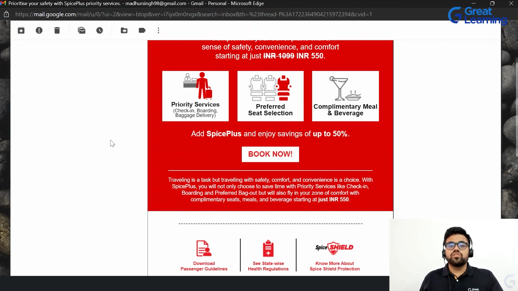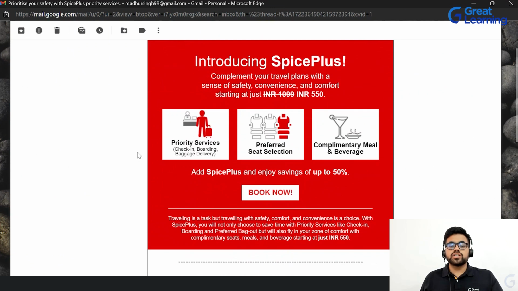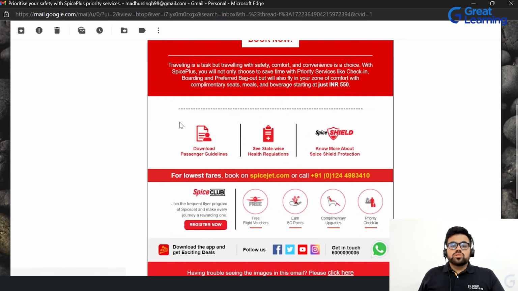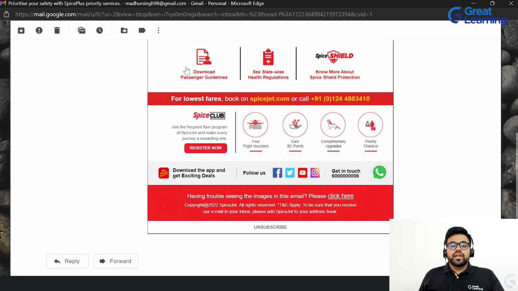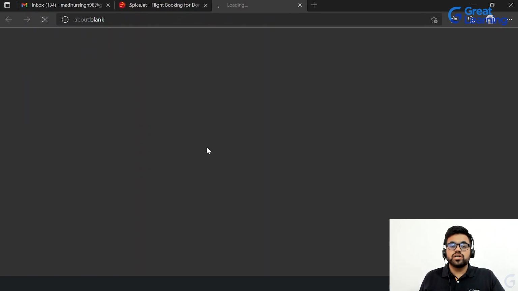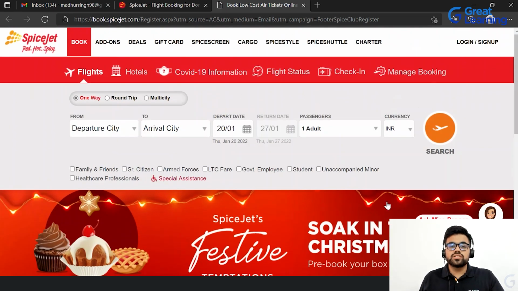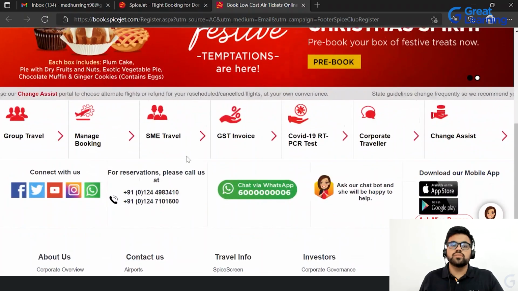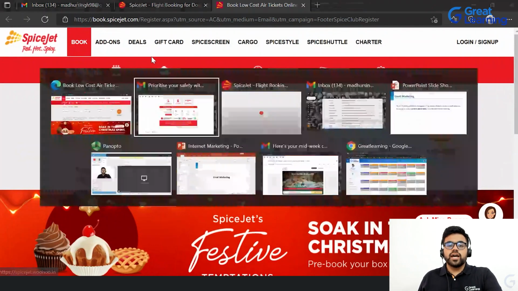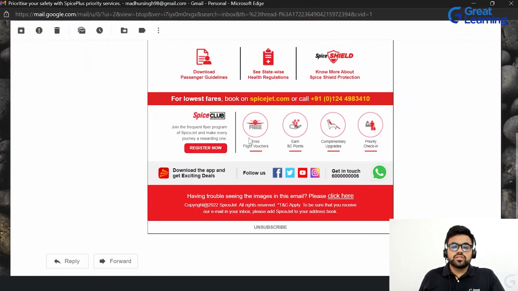This is the objective of this email, in which it tells me to click on this Book Now icon. Apart from it, it also tells me that I can download the app and get more exciting offers, and join the frequent flyer program and register for it. This will also lead me to another page in which I can do the same things as in the previous tab.